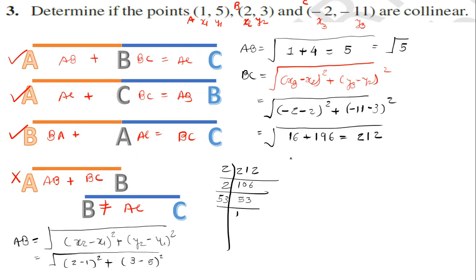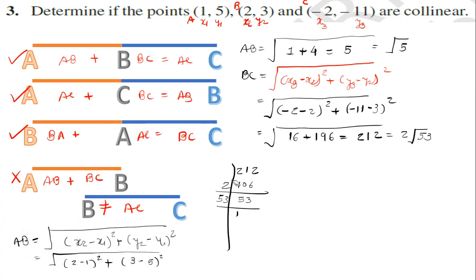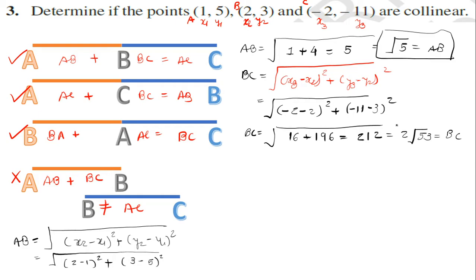So it is 2 root 53. This calculation you don't have to show. Now this is your BC. So your AB is equal to root 5 and your BC is equal to 2 under root of 53.